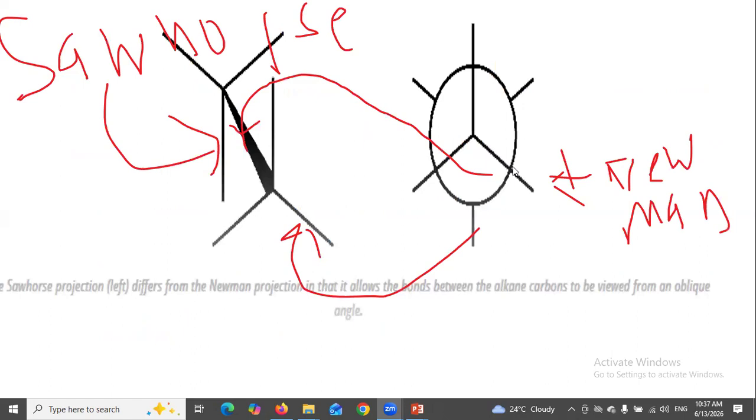See, this is the Newman, this is the sawhorse. This is the back carbon, and this is the front carbon.